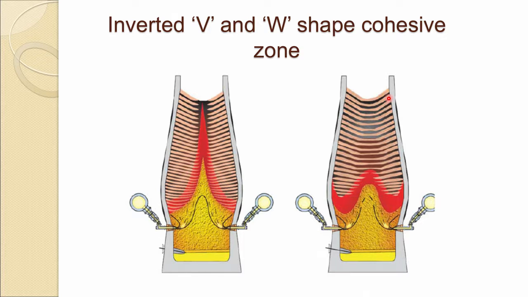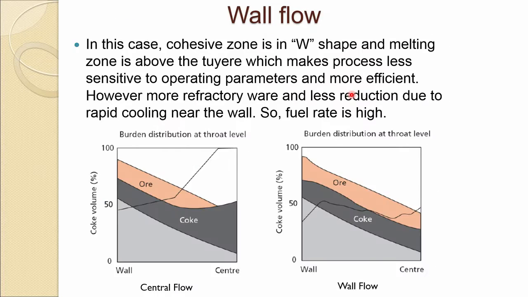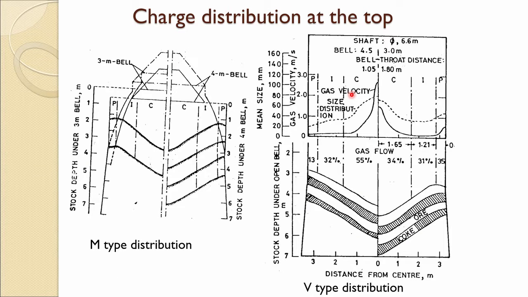So, you are trying to get the reduction on this side also and at the center, and that type of charging is called the M type, where you are putting a bit coarser particle near the wall, and the shape of the charging comes in this form, which is like an M type.